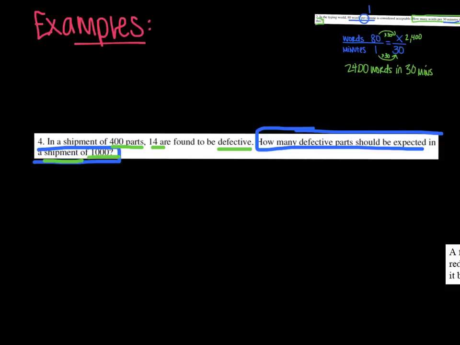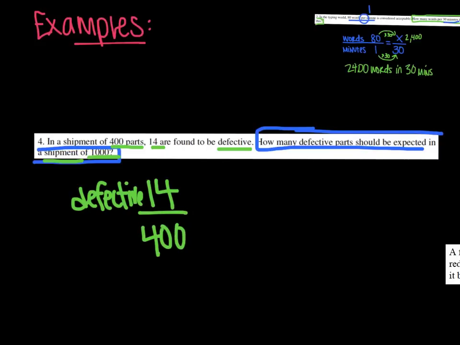Now I can write proportions. I have parts and total parts, and then defective parts are my labels. 14 of them are defective, and that's my label. And then out of 400 total parts equals, and now this is why I label, so now I know where my other information goes.